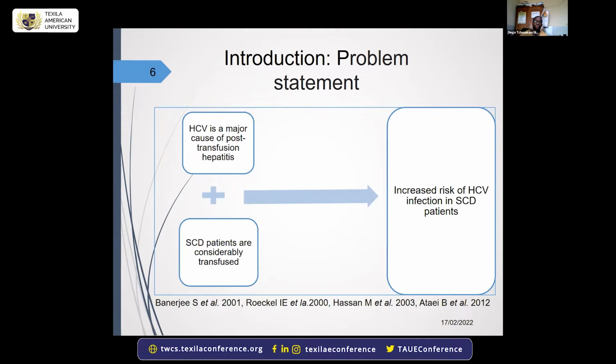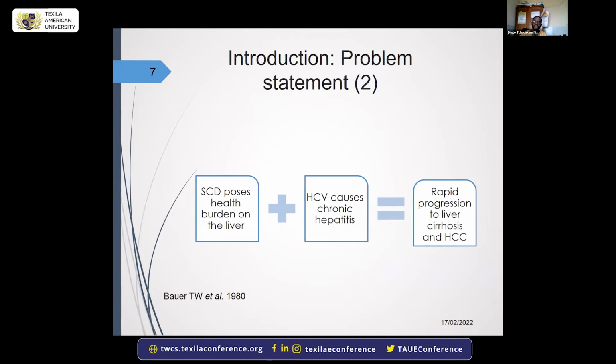This led us to think about carrying out this study. In a clinical study of about 70 patients with sickle cell disease, it was shown that 35% had focal necrosis, 20% had portal fibrosis, and 60% had cirrhosis.